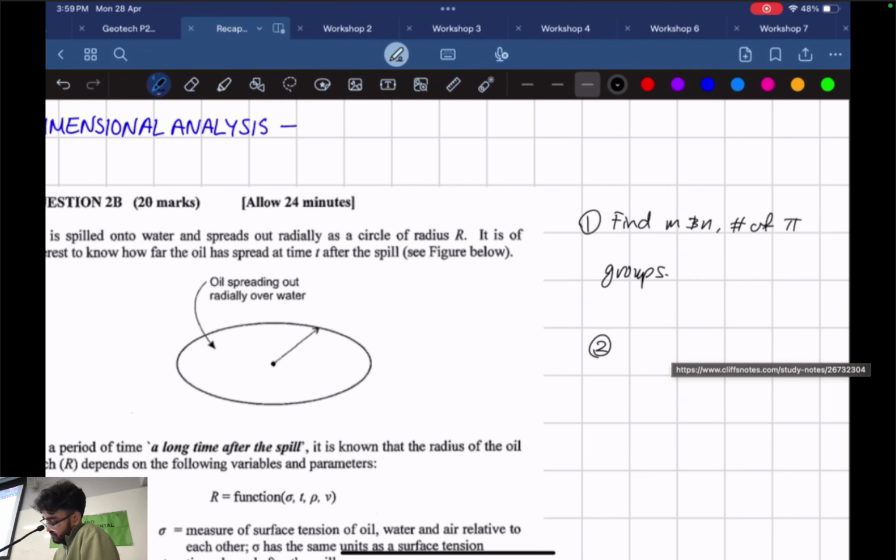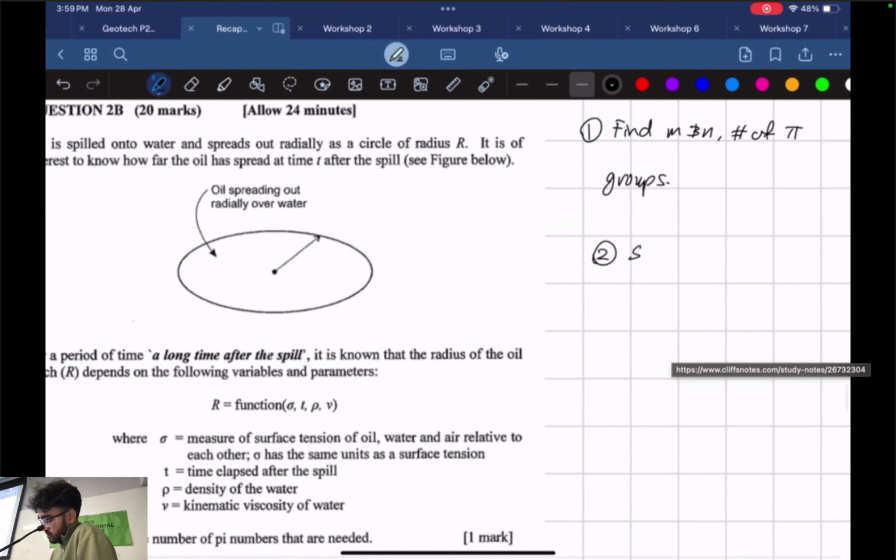Step 2, select repeating variables. So what do we know about the repeating variables? What do they represent? Yeah.